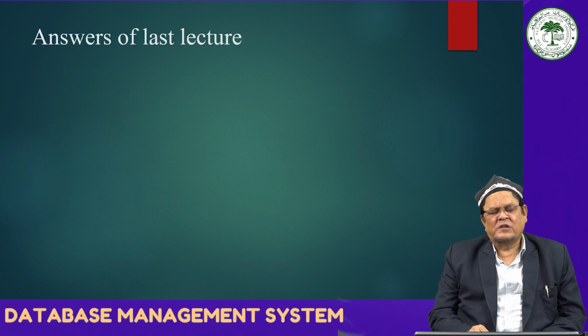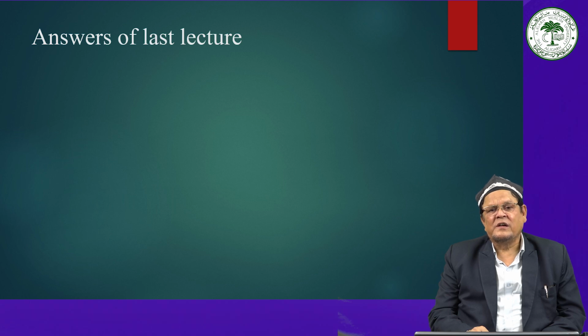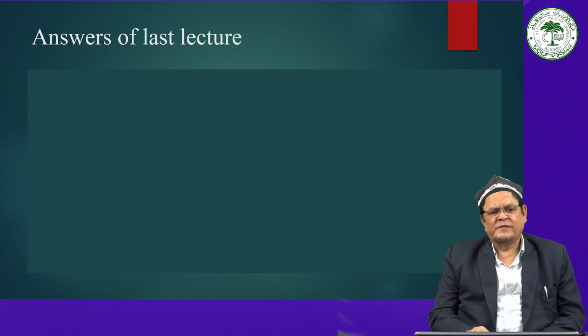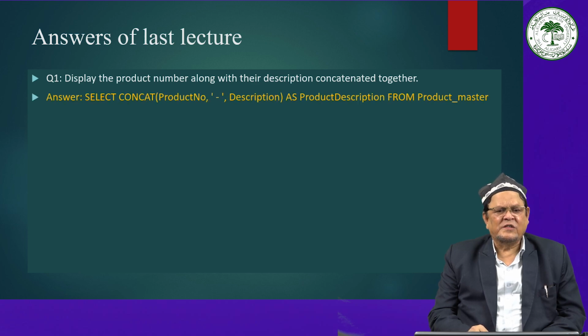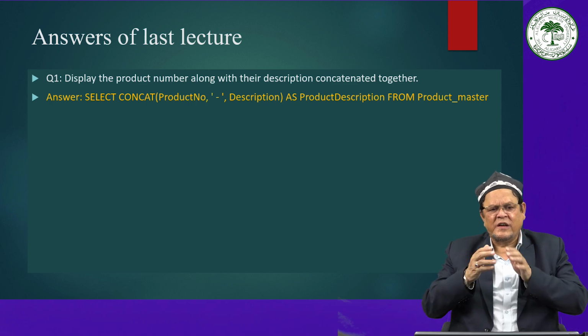Extract. Before starting today's agenda, I would like to answer the questions which I gave you in the previous lecture. The first question was, display the product number along with their description concatenated together. The answer is select concatenate.